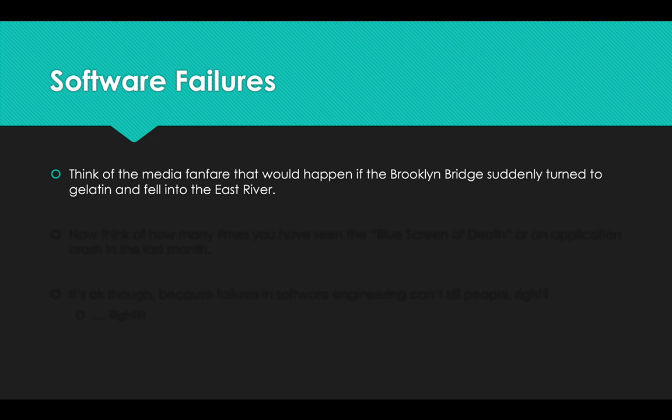So drilling down into that a little bit more, if you think about what would happen if in the middle of a morning the Brooklyn Bridge just suddenly ceased to be and fell into the river. What would happen is there would be a massive media fanfare, there would be helicopters, there would be all of this personnel everywhere. It would be a very widely publicized event, and it would clearly be a not okay situation.